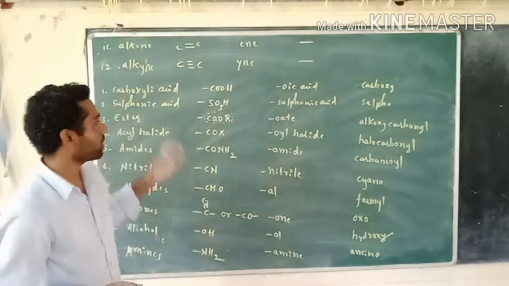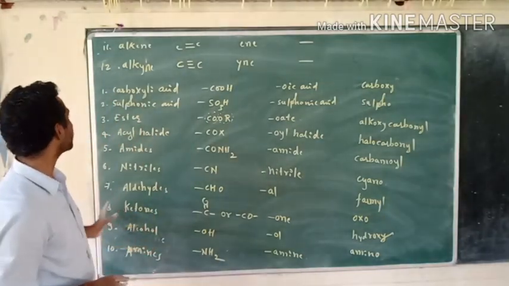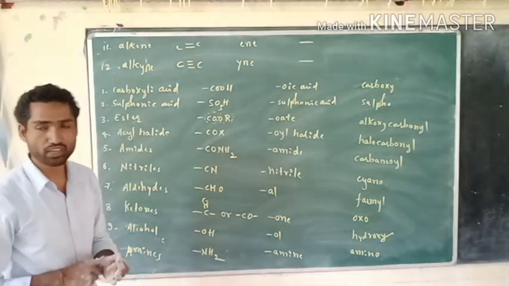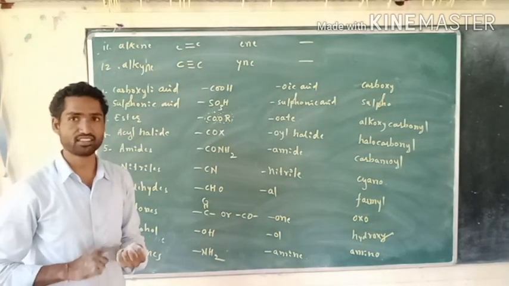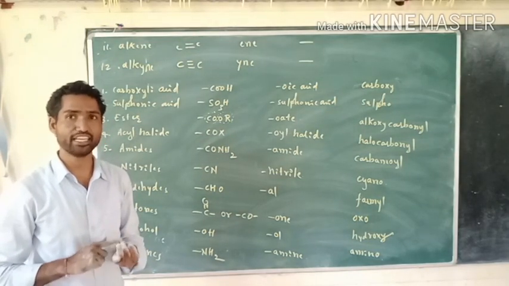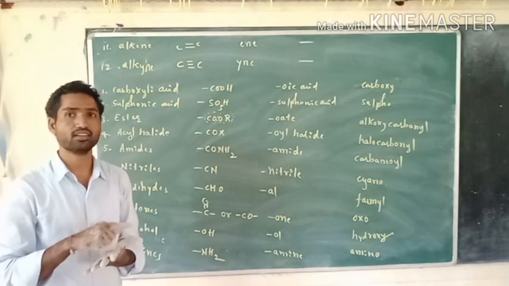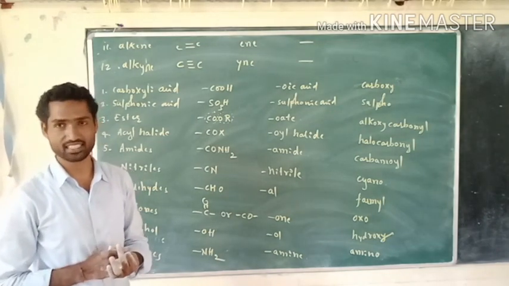According to the priority rule, I have given the list. That is, one is carboxylic acid, second one is sulfonic acid, ester, acyl halides, amides, nitriles, aldehydes, ketones, alcohols, amines, and then alkenes and alkynes.